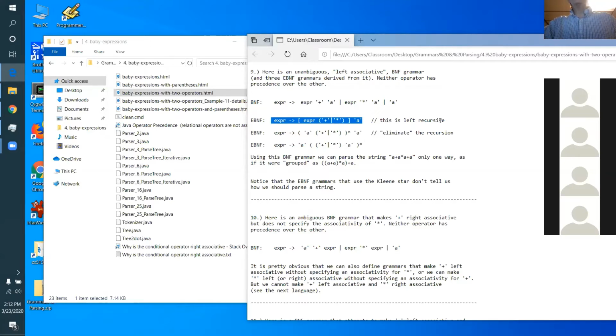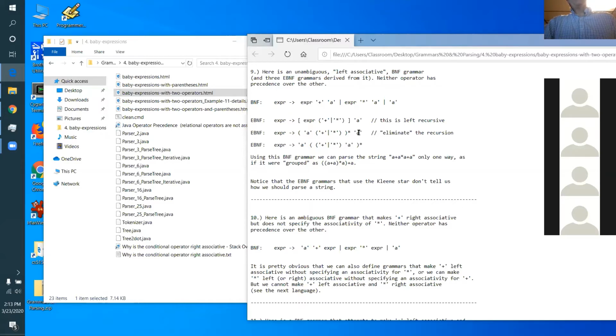So we eliminate the recursion with a loop. Instead of writing it recursively, we write it as a loop. We say that the expression is an A, and this loop actually eliminates the left recursion. If you look at it, this thing is looping to the left, which is really bizarre.